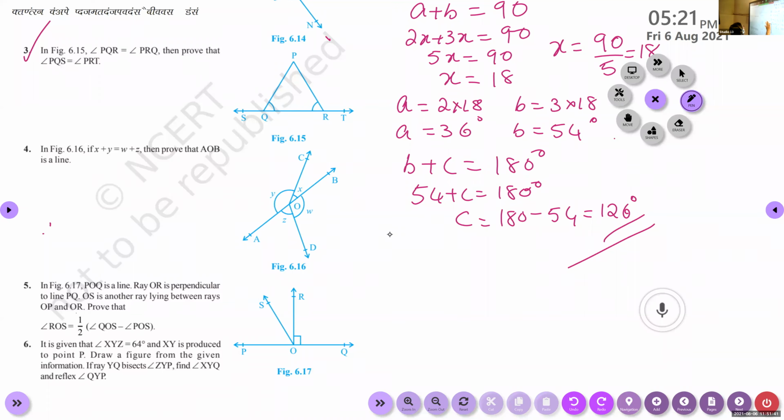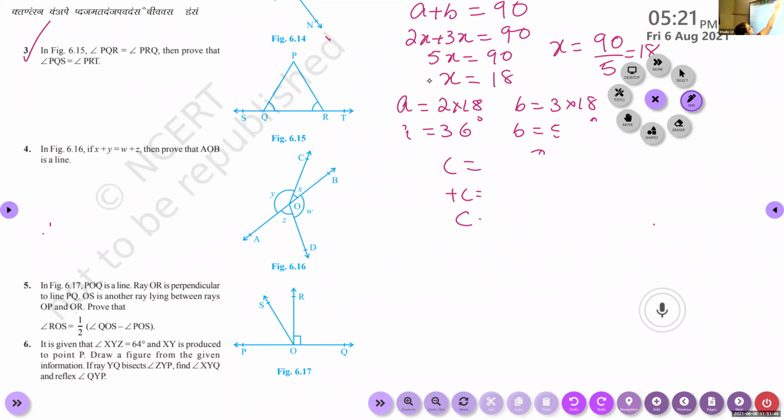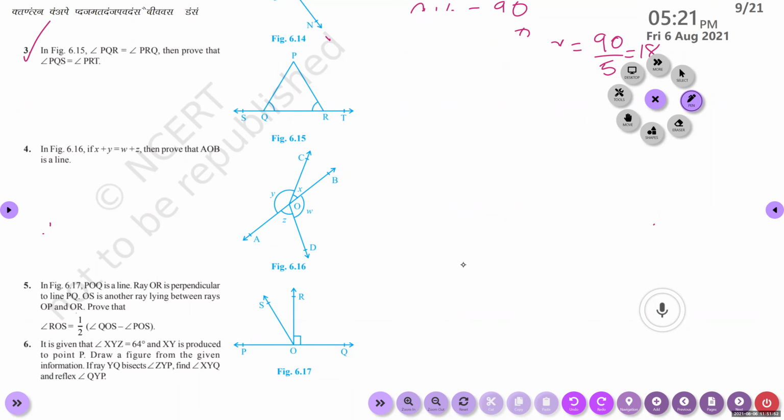Can I rub this second one's answer? Third question. Third one. Figure 6.15.